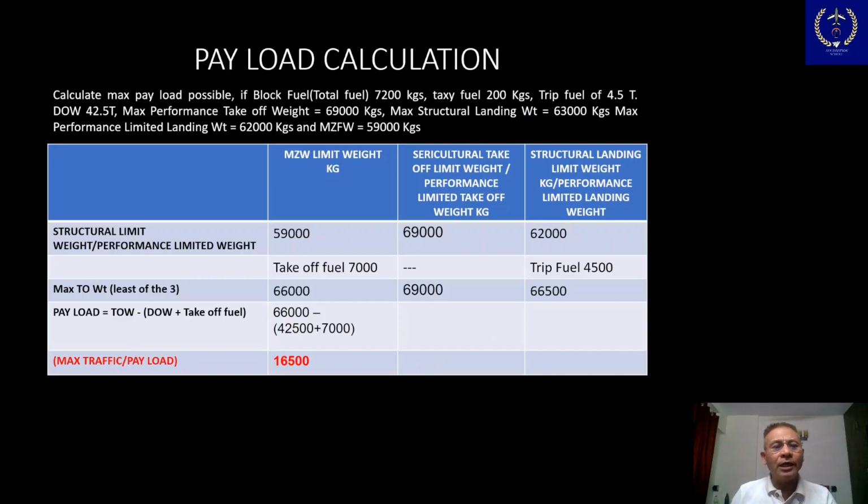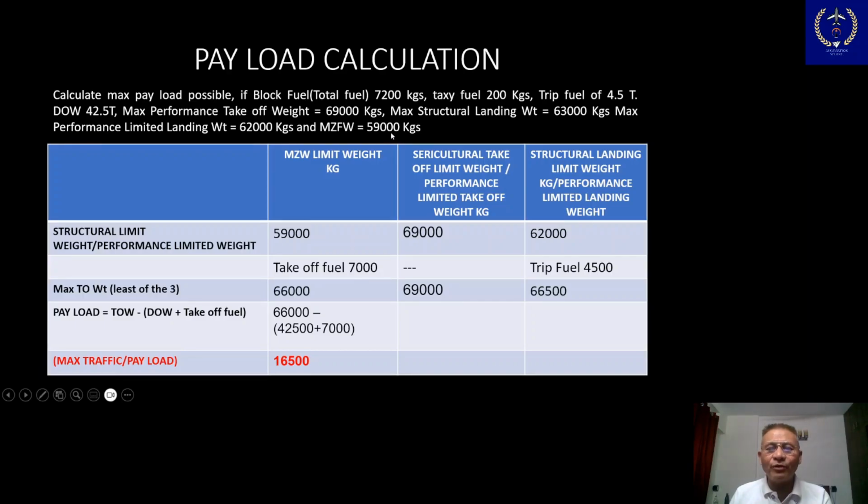The third numerical is: calculate maximum payload possible if the block fuel is 7,200, taxi fuel is 200 kgs, trip fuel is 4.5 tons, DOW is 42.5, max performance takeoff weight is 69,000 kgs, maximum structural landing weight is 63,000 kgs, and maximum performance limited landing weight is 62,000 kgs, and the maximum zero fuel weight is 59,000 kgs.